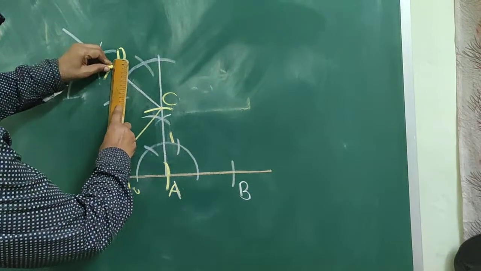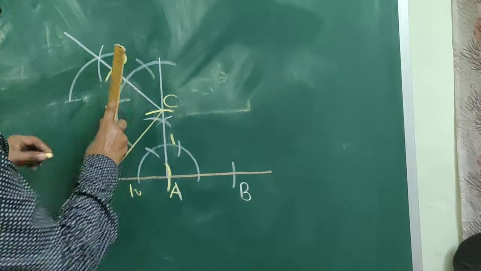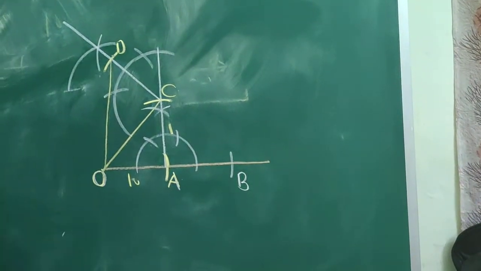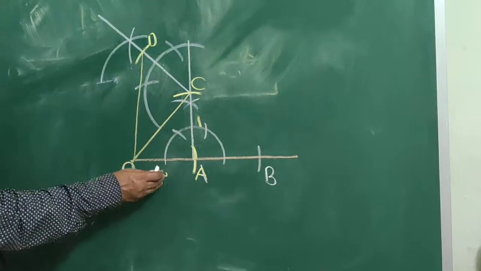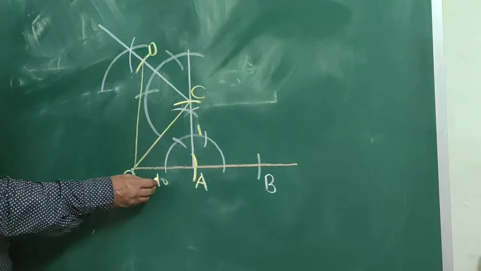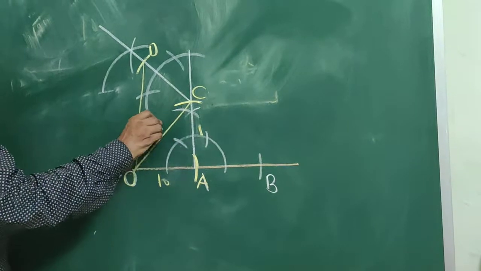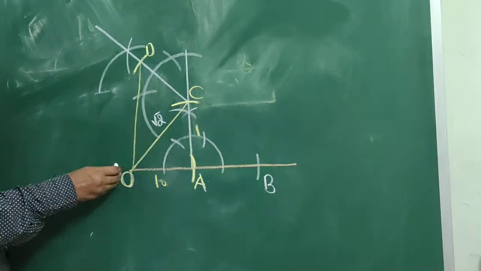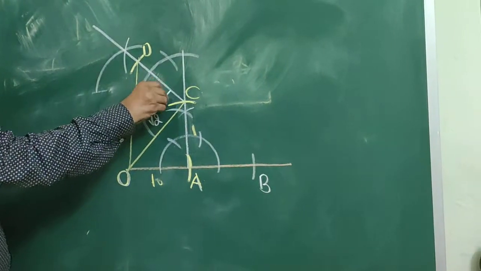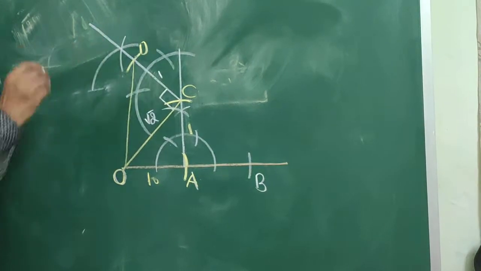Now see what has happened here. Already in my video 1 I have told you this is 1, this is 1. So this becomes root 2 by using the Pythagoras theorem. Again this is 90 degrees, children, and this is 1 unit.